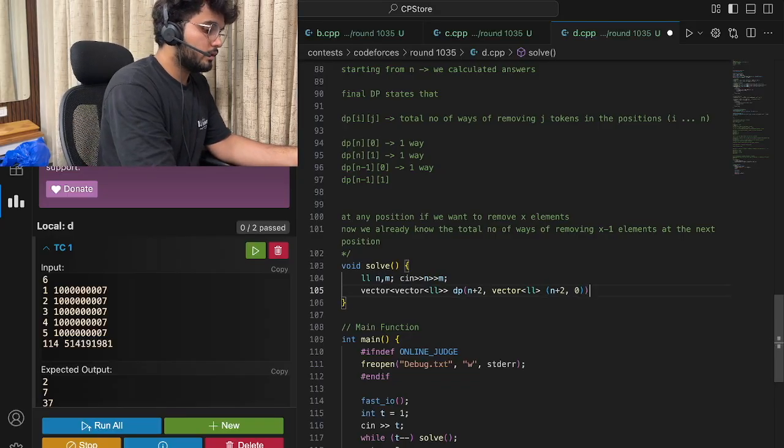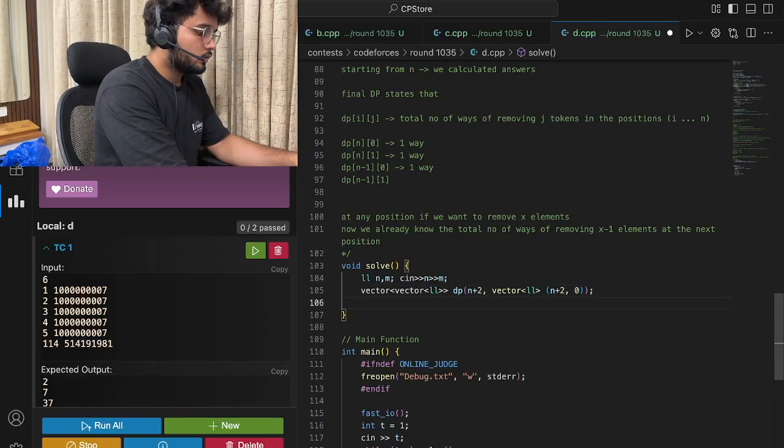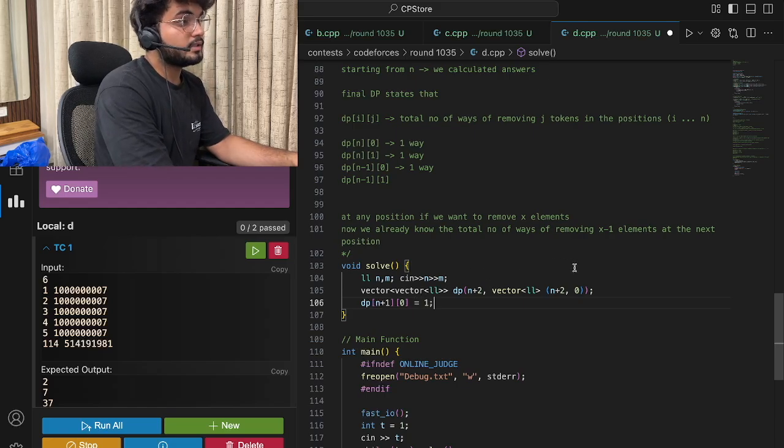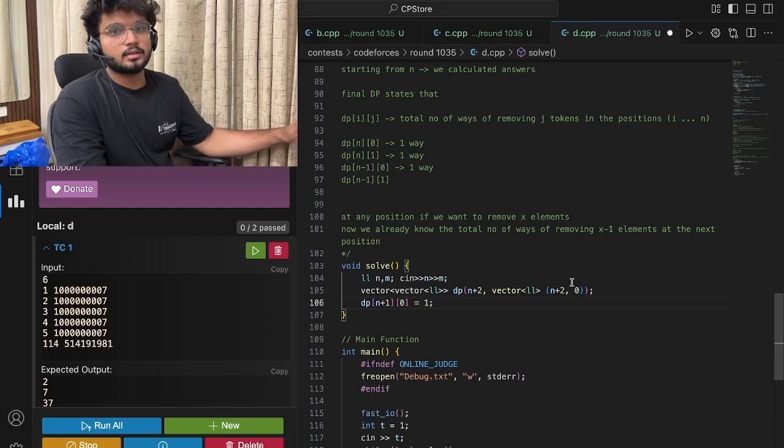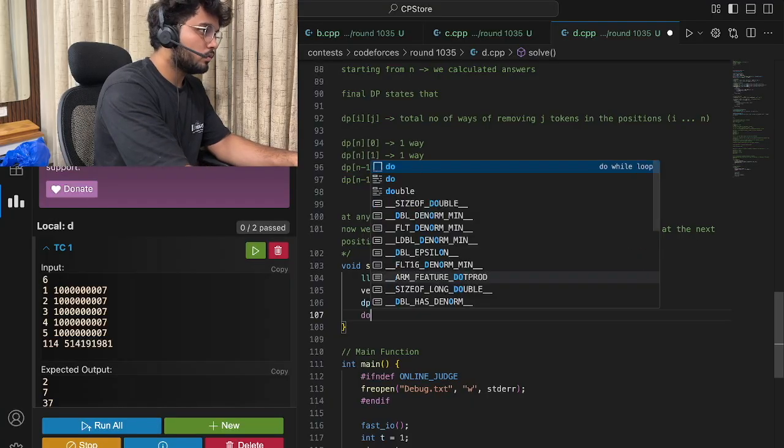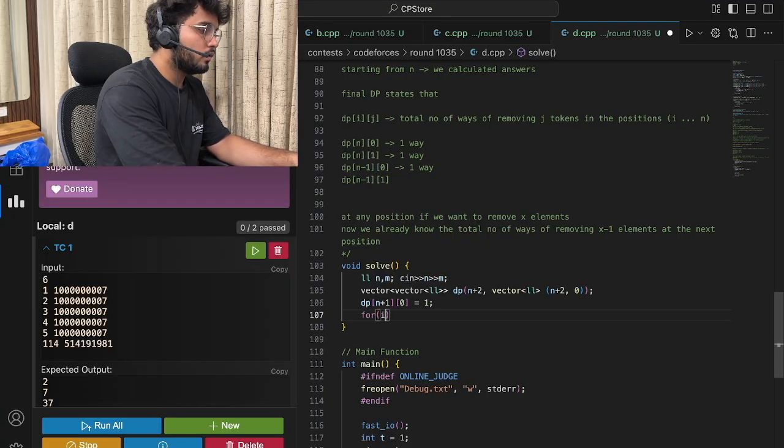I'll let you know. So dp n plus 1, we have already completed all of the positions. Selecting 0 tokens will be one way: select nothing. Now for int i equals n, i greater than or equal to 0, i minus minus.